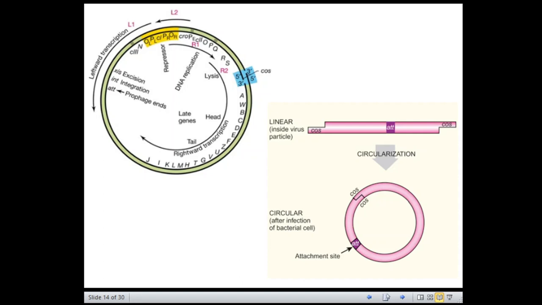So once inside the host cell, the recombinant viral DNA is replicated and all the genes needed for normal lytic growth are still present in the phage DNA that has not been removed.